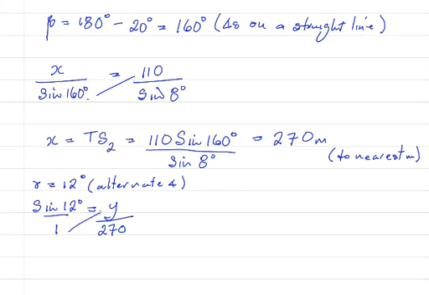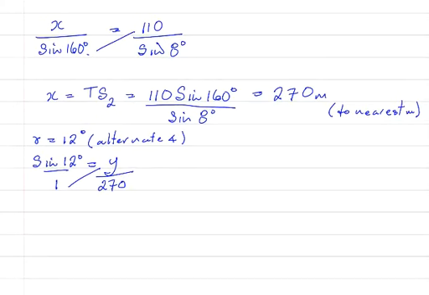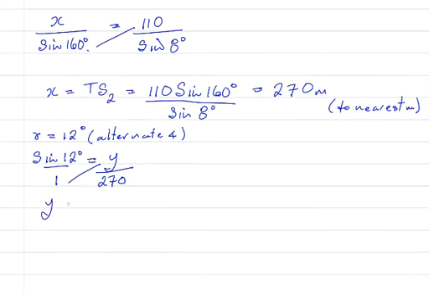So 1 times y is y. y is equal to 270 times the sine of 12 degrees.